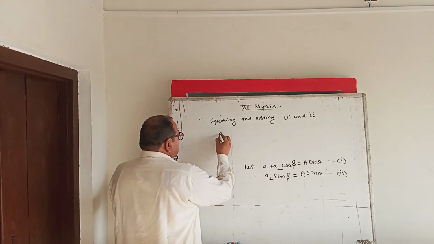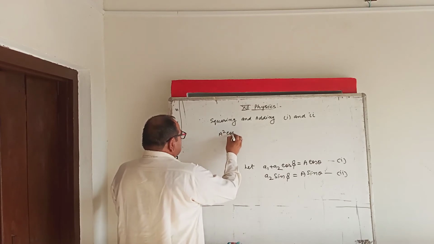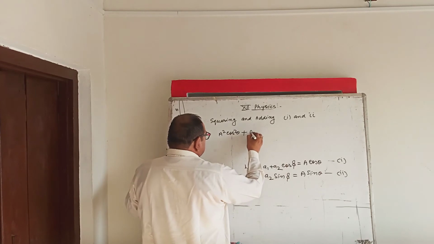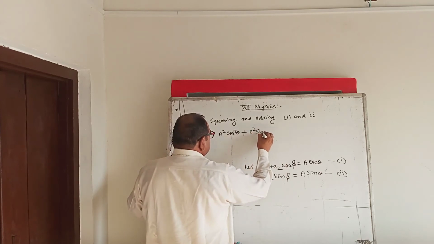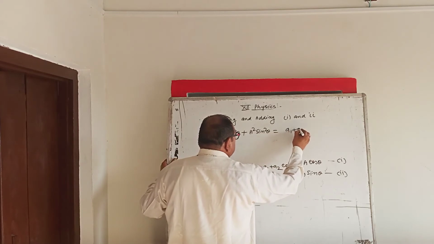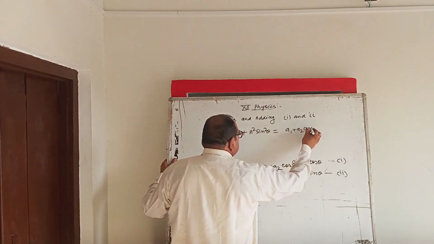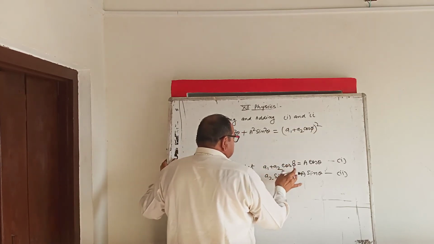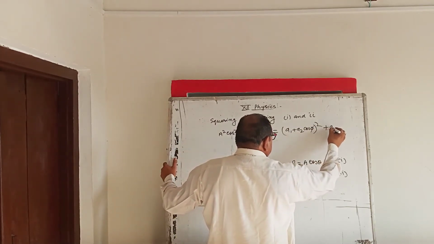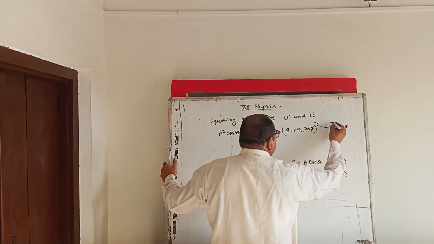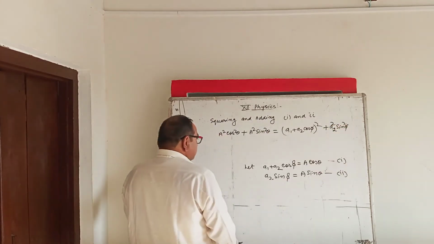That is A square cos square theta plus A square sine square theta equal to a1 plus a2 cos phi whole square, plus a2 sine phi whole square.